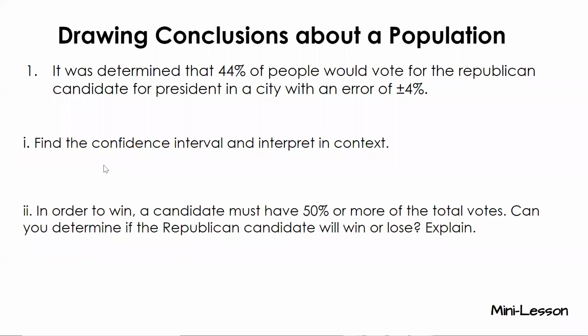All right, so it was determined that 44% of the people would vote for a Republican candidate for president in a city with an error of plus or minus 4%. Find the confidence interval and interpret it in context. So we're going to take this and turn it to a decimal. That's going to give me 0.44, right? And we're going to add and subtract 4%, which as a decimal is 0.04.